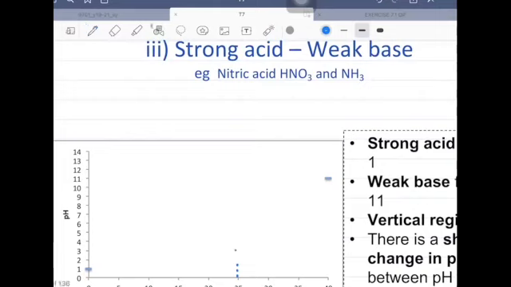Okay, and then you just draw a smooth curve to connect them. So you can sort of see that your vertical region is pulled down, and that means your equivalence point, which is the midpoint of your vertical region, would be somewhere around 5.